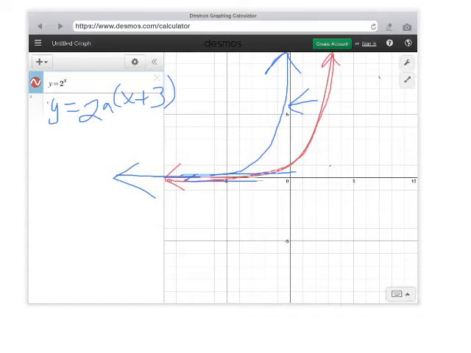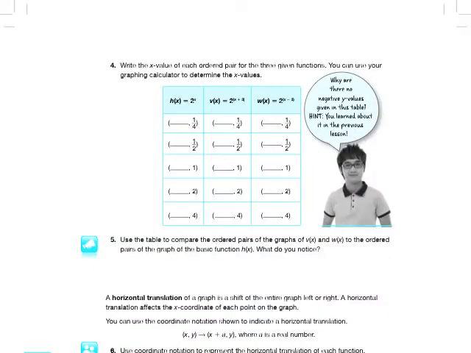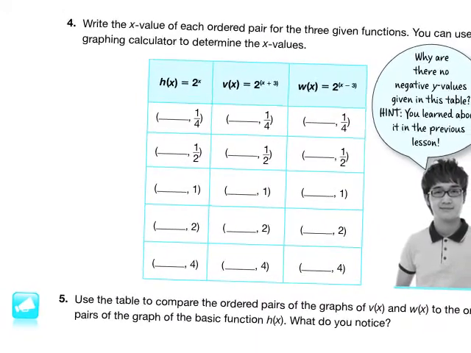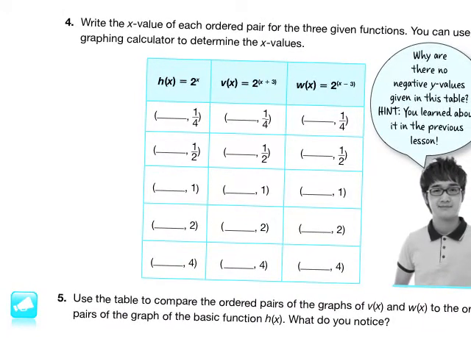Looking back at our book, we're turning the page, and now in this one, we have to fill in the values. And I showed you really cool tricks here. On this one, they gave us the y already filled in right here. The y's are a quarter, half, 1, 2, and 4.